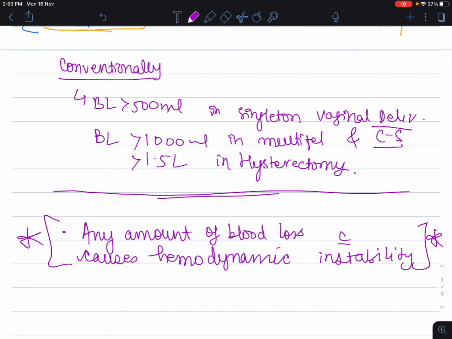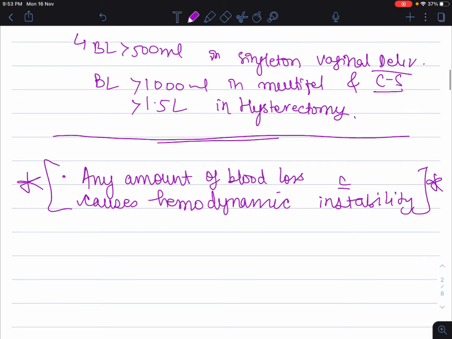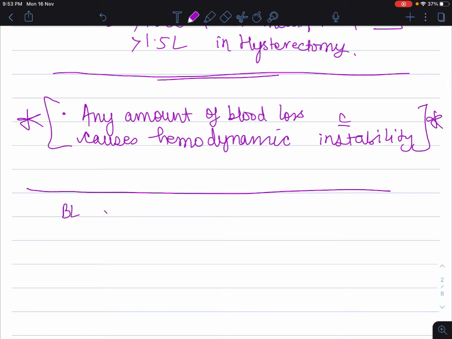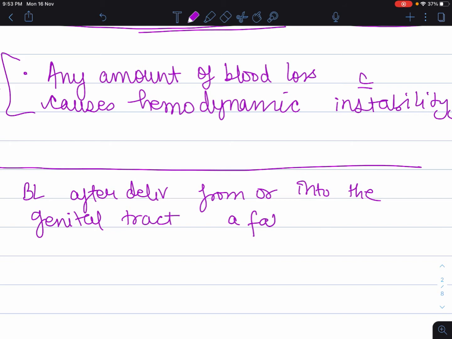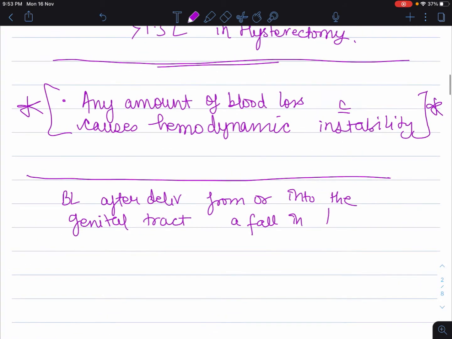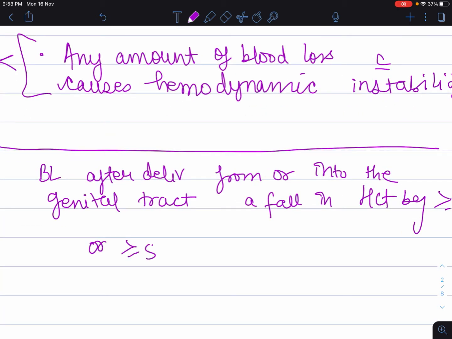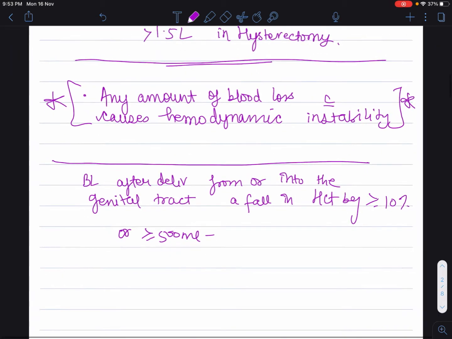Besides that, people also say that there's another definition which is very important, that is blood loss after delivery from or into the genital tract which causes a fall in hematocrit by 10% or more than 500 ml is regarded as PPH.